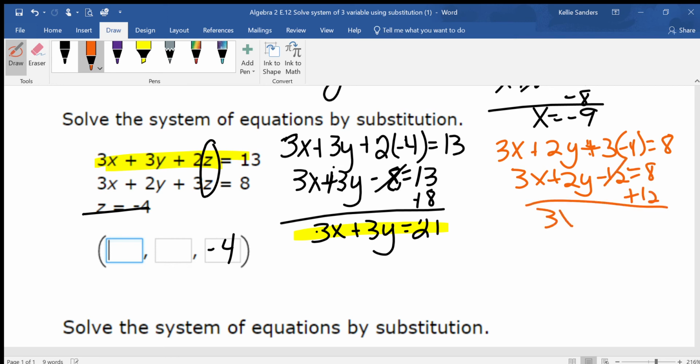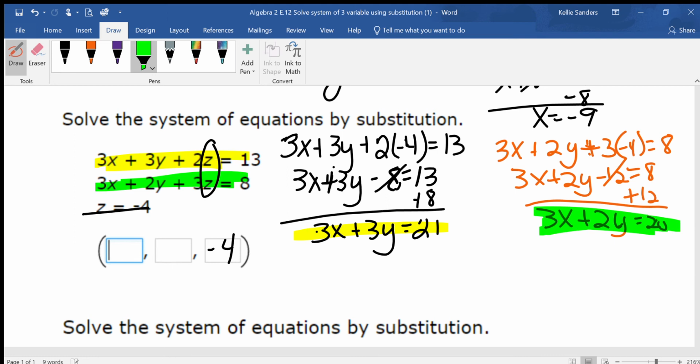Add the 12. 3x plus 2y equals 20. That is now that. Now I'm going to put this under here. 3x plus 2y equals 20.